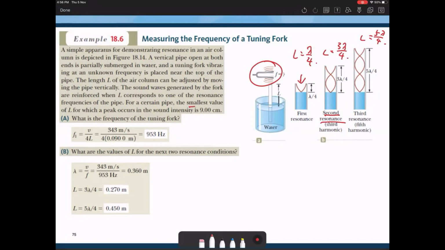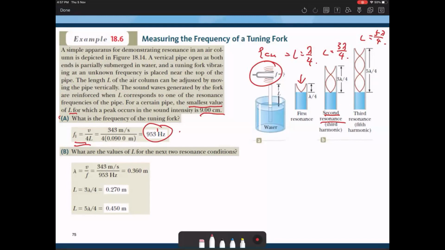The smallest value of L for the peak sound intensity to occur is 9 cm, which already gives a hint that L here is equal to 9 cm, and that is equal to lambda over 4. So you get the corresponding fundamental frequency, which could be calculated as long as you know the speed of the sound.